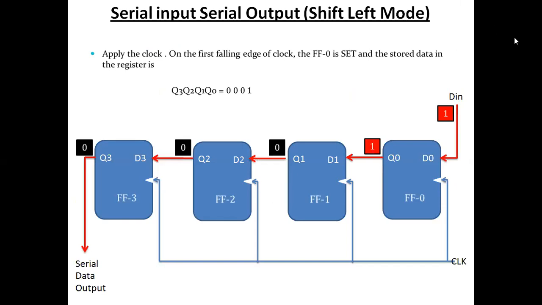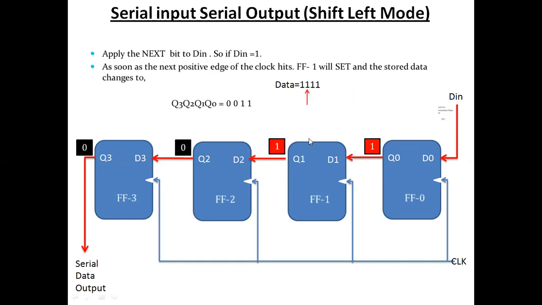When the first data is given here, after application of the clock pulse, that data will be at Q0, and the 0 will be shifted here, and that 0 will be shifted here, and this 0 will be shifted to the final output. Next, when we apply the second bit, after application of the clock pulse, that data will come at Q0.